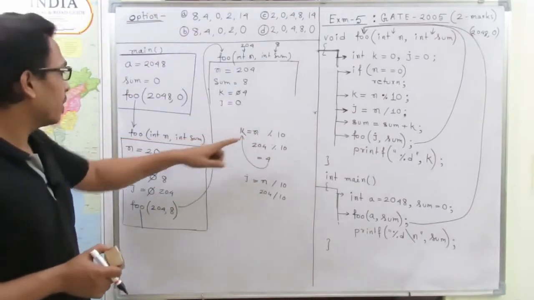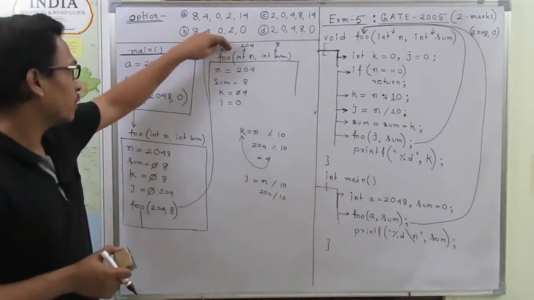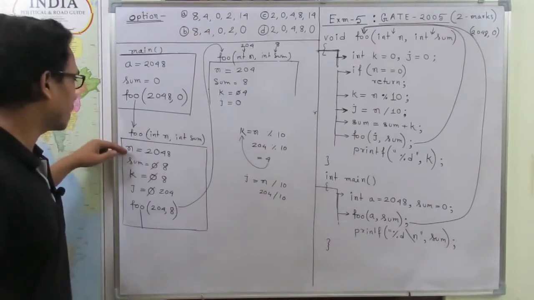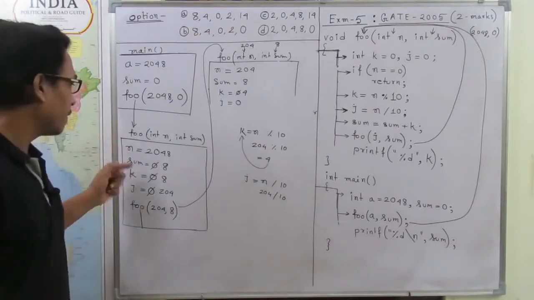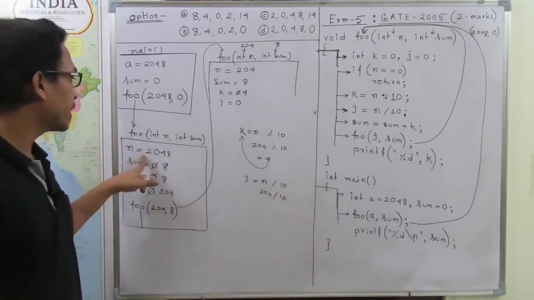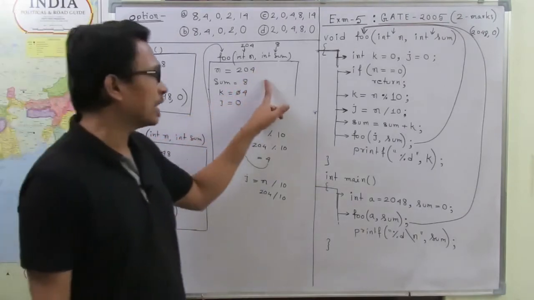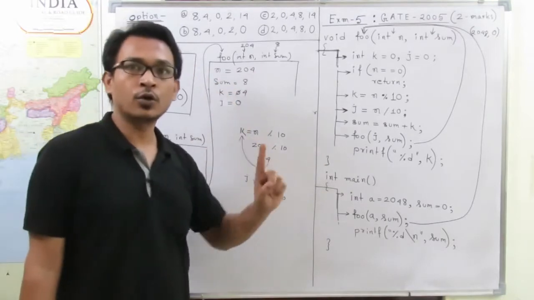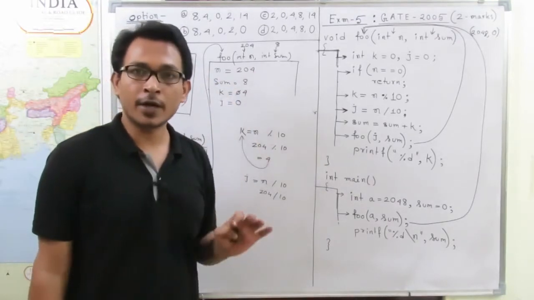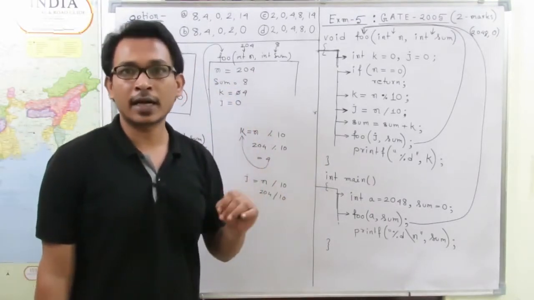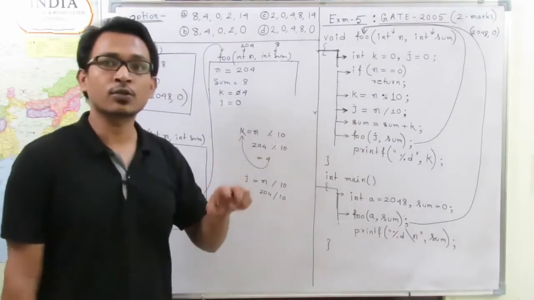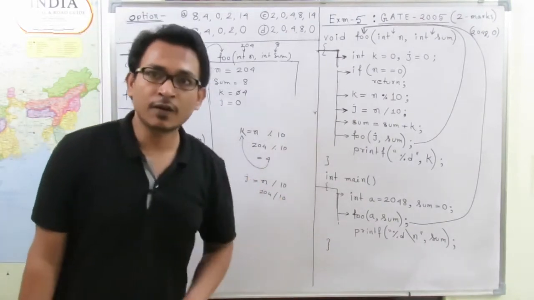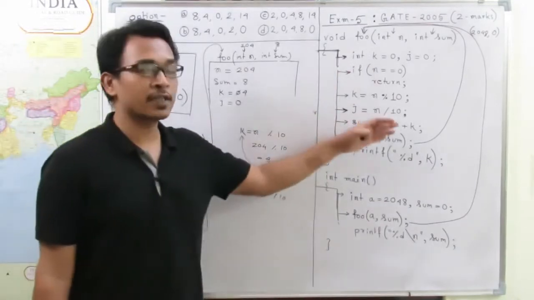The variable n is also available in the first instance of foo function, but there it contains 2048, while in the current instance it contains the value 204. So it is very important in which instance we are currently working. That is very important in case of recursive function call.